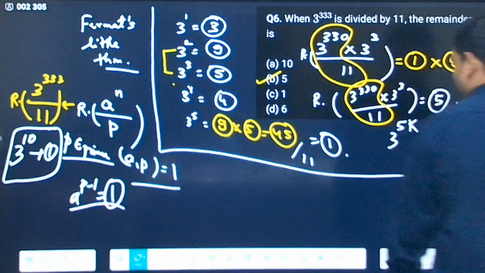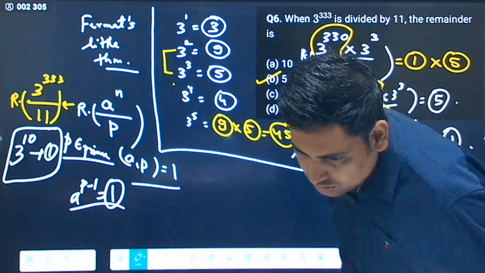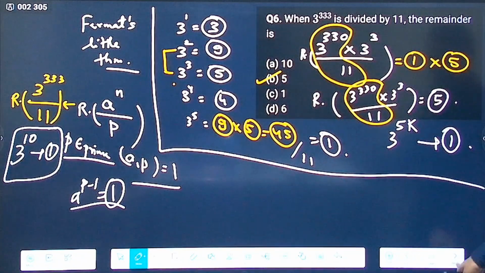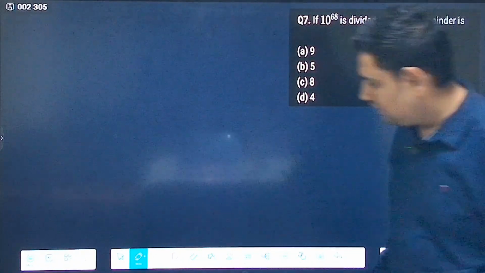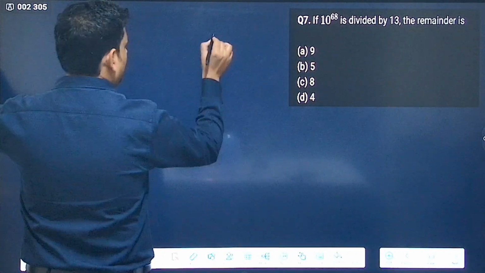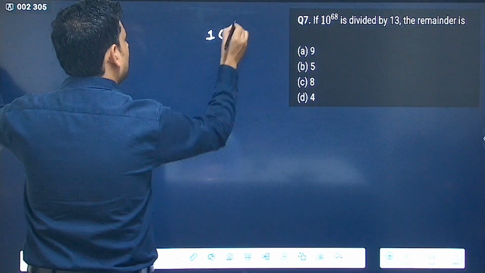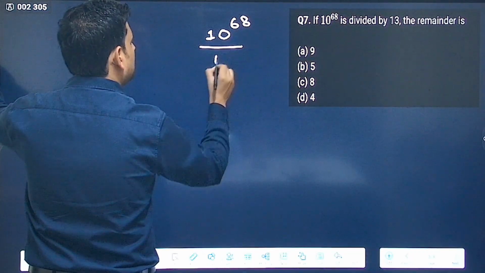Okay, then, yeah, next: 10 power 68 divided by 13. Now see, there are many ways to do this.